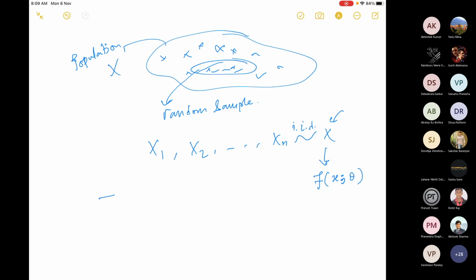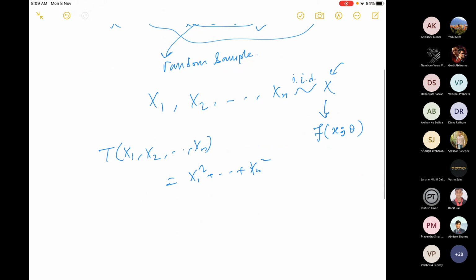If we take any function of x1, x2, xn, like x1 square plus dot dot dot plus xn square, this could be a function. Or x bar, the sample mean. We also defined what is called sample variance. These are statistics, and they are independent of theta.